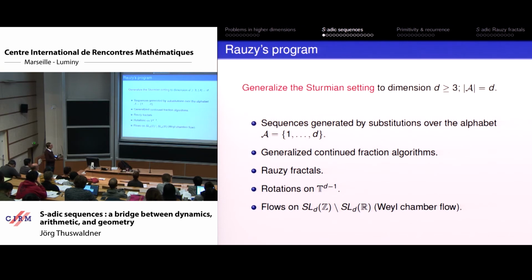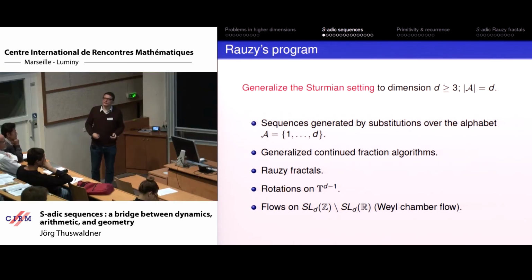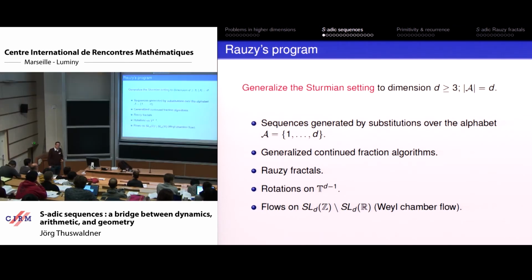Instead of continued fraction algorithms, generalized continued fraction algorithms will come up as the Abelianizations of our more complicated words. Instead of intervals, we will see Rauzy fractals. So intervals become fractals. Then we want to get our rotations. We want to get rotations on the torus of dimension d minus 1. So think of d equal to 3 if you want.